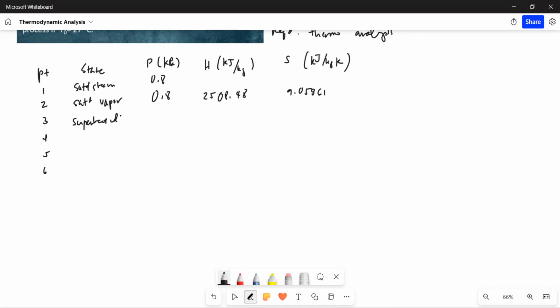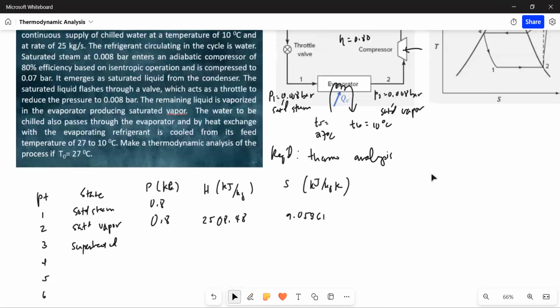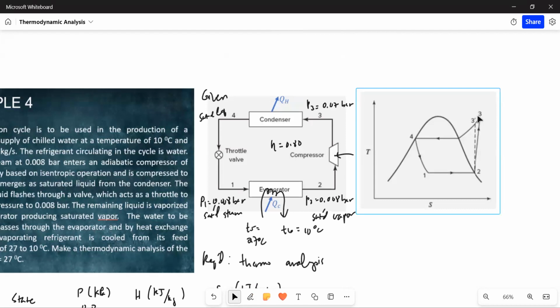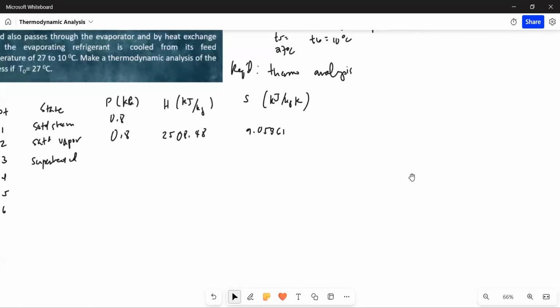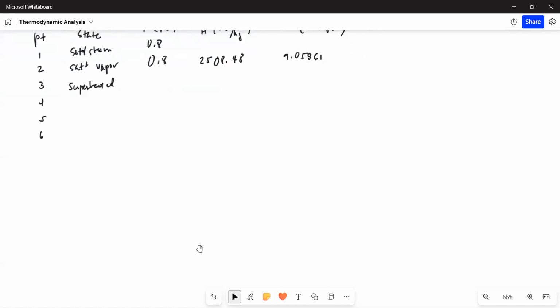At this point, we have to assume isentropic compression.